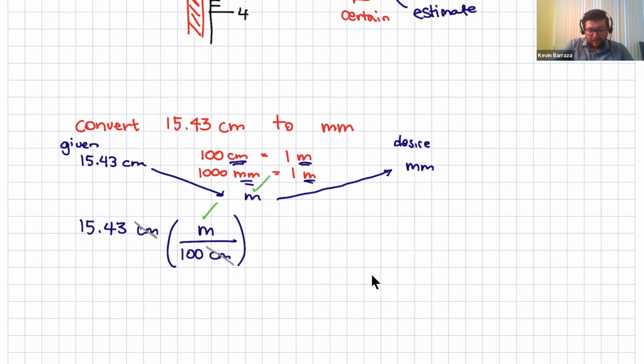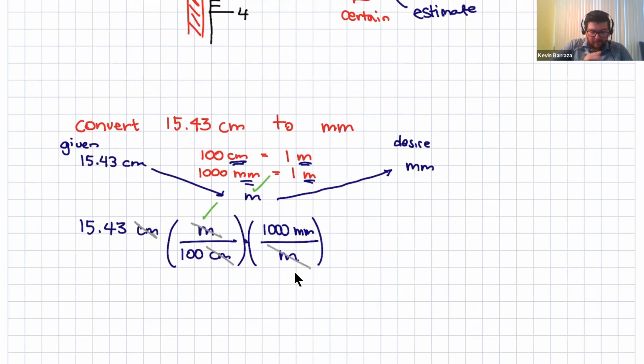Then I'm going to set up the next fraction. We don't have to write a new line. When it comes to multiplying, you can do all of the multiplying all at the same time. So I'm going to combine multiplication. So I'm going to put another fraction in. This is times. And I'm going to say a meter is 1,000 millimeters. Why? Because those are the numbers that go with each unit. And I want to put the fraction so that top and bottom cancel.